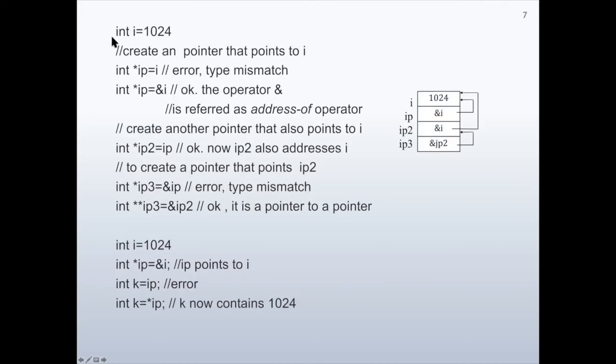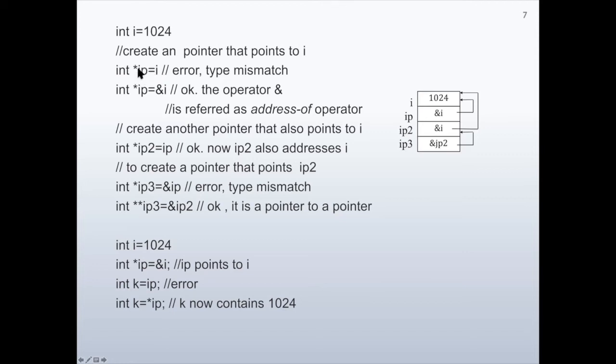Now let's declare an integer i, which is initialized with 1024, and then let's create a pointer that points to i. int *ip assigned the value i results in an error. There is a type mismatch because the left hand side is an integer pointer and the right hand side is an integer.